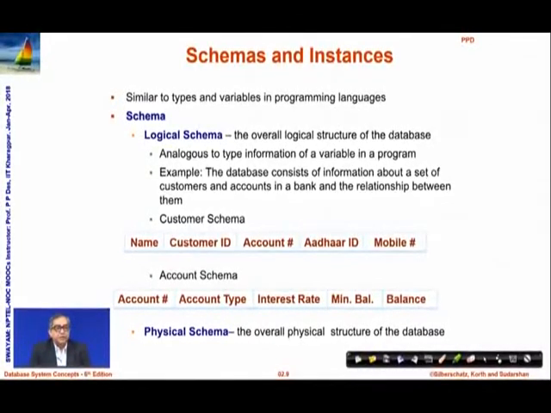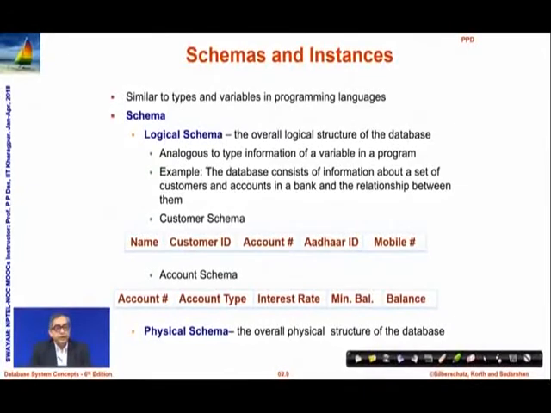So, if we talk about a customer schema, it has multiple different fields. It should talk about the name of the customer, ID of the customer, its account, possibly the other ID, the mobile number and so on. So, the fact that these fields need to be present for describing a customer forms the customer schema.